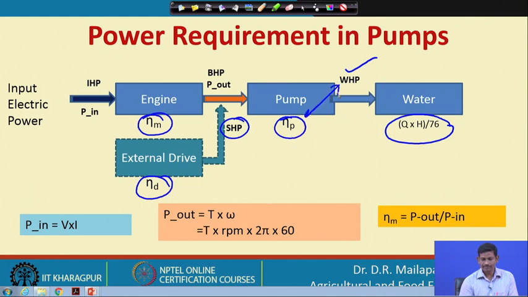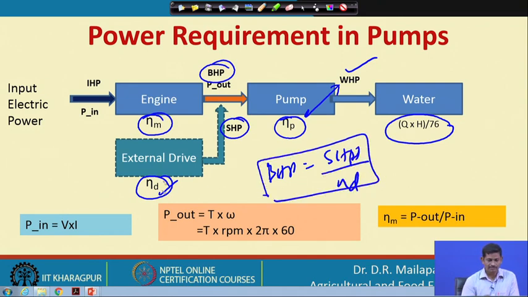So, shaft horsepower, and then the BHP. That will be equal to SHP in case of monoblock, otherwise BHP is equal to water horsepower divided by ηD into ηP, or BHP is equal to SHP divided by ηD in case of this.